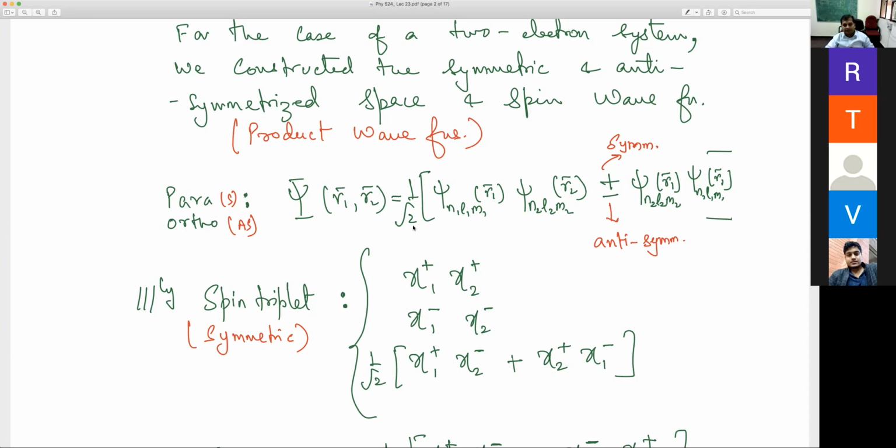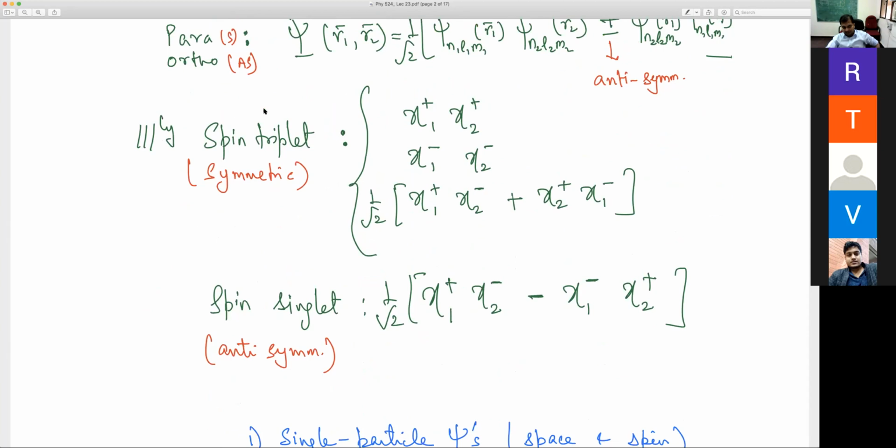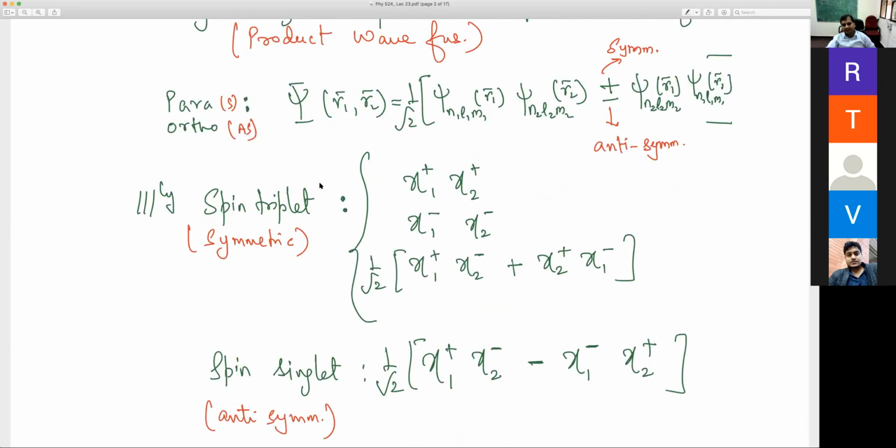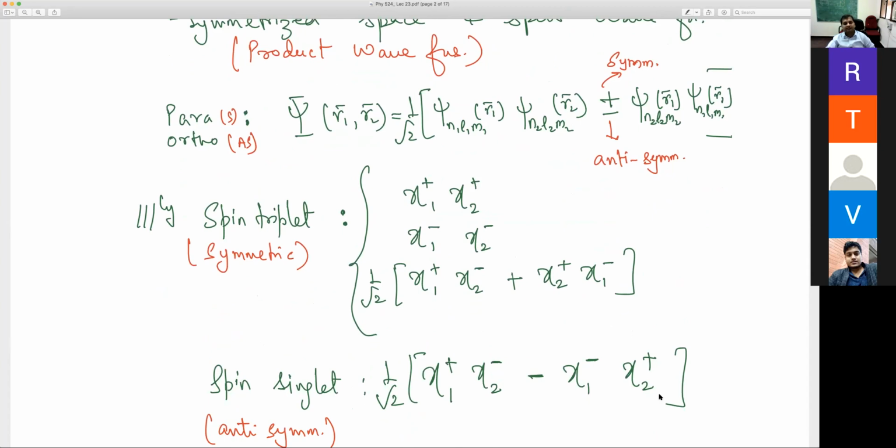Just for namesake, the symmetrized combination of the spatial part of the wave function is called para, and the antisymmetrized part, which came with a negative sign in this equation, is called the ortho wave function. Similarly, for the spin channel, I can construct symmetric or antisymmetric wave functions.